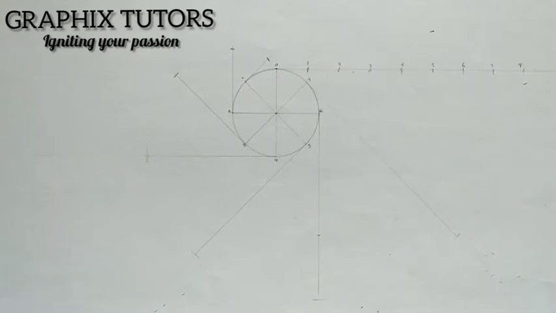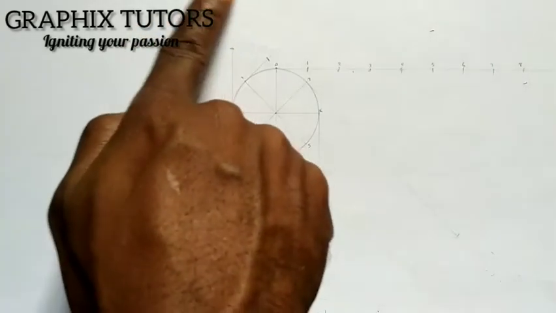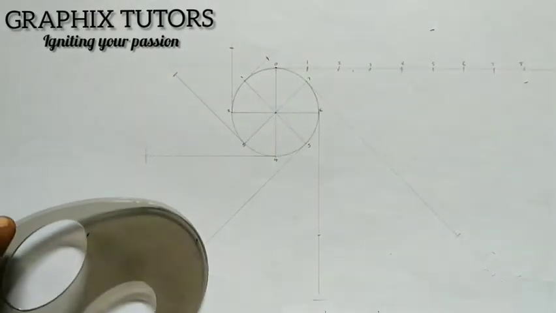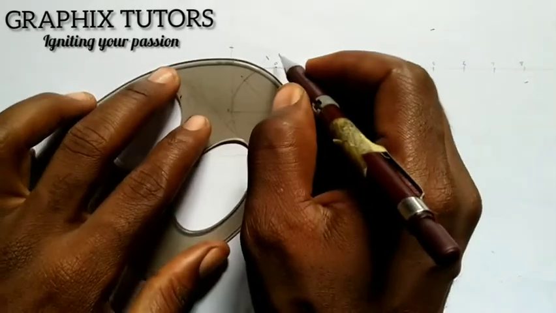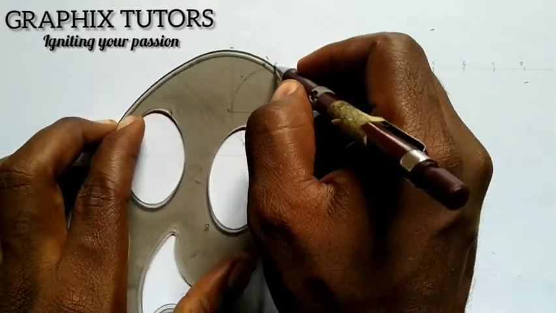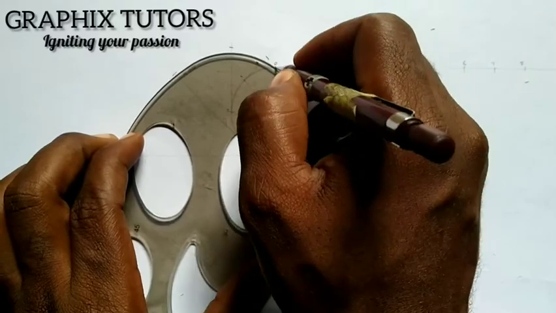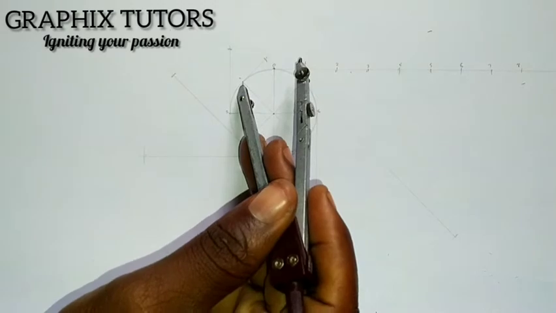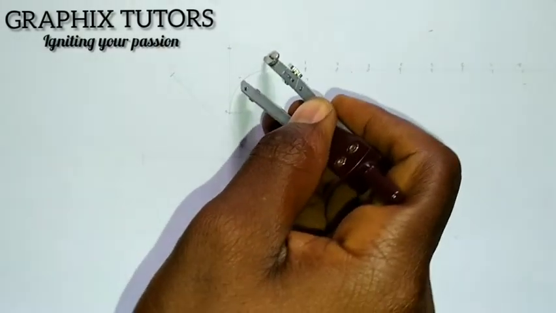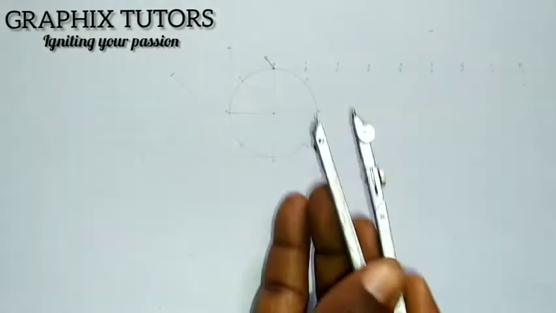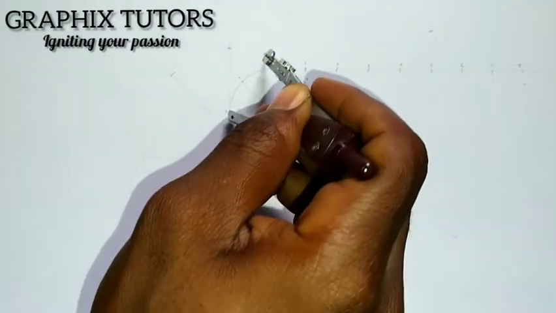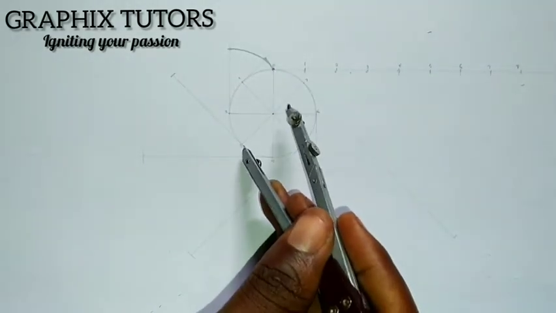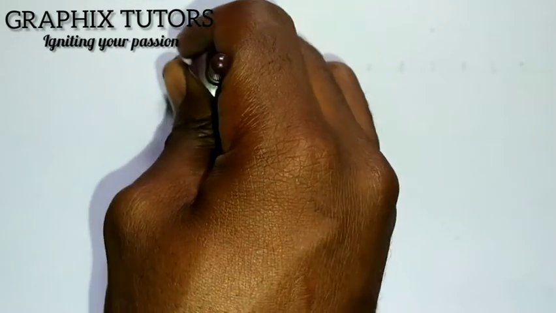Then use your French curve. Already clean the extra edge there, so you join those points together. So you take any 3 points. I'll take these 3 points. I can use my compass also. From 0 here, I'll come to this point. From 2, I'll come to this point again. From 3, I'll come to this point.